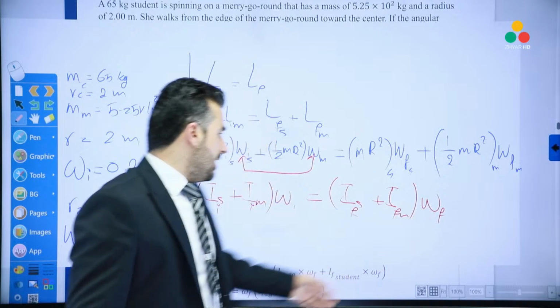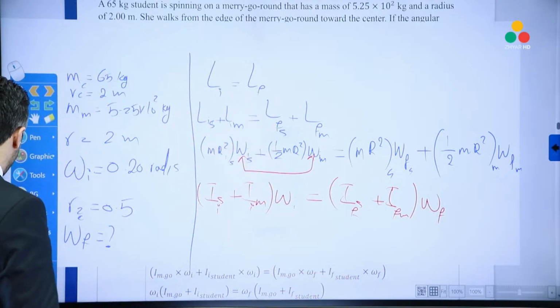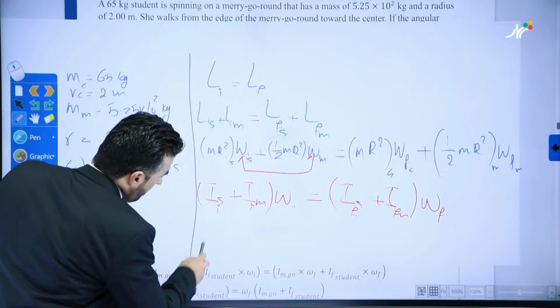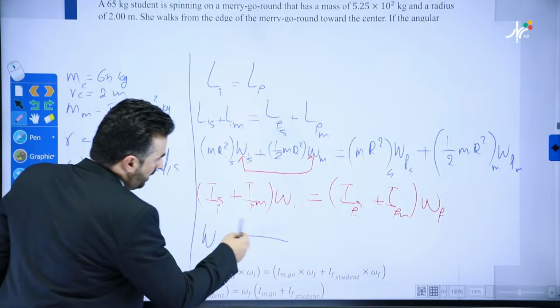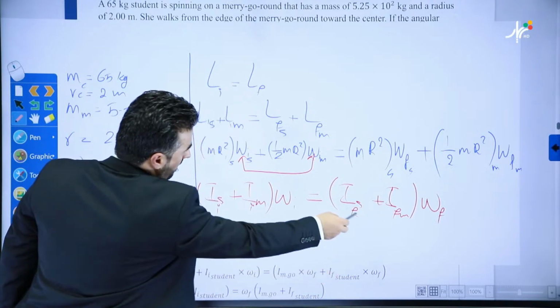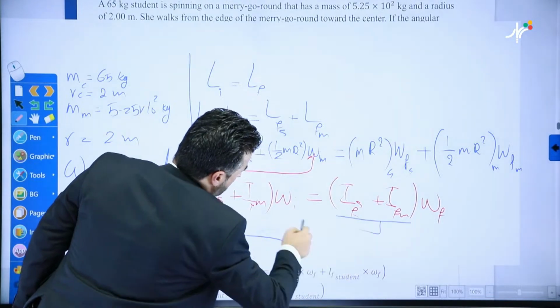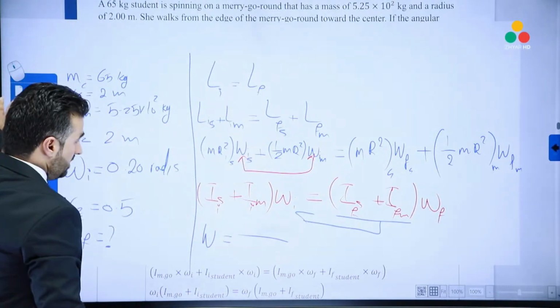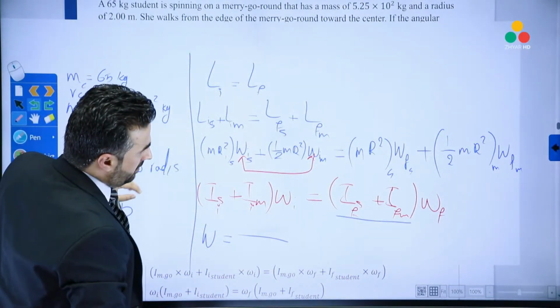So omega final equals what? Omega final will equal the initial over this one here, because we can move this one under this side where we can find the answer.